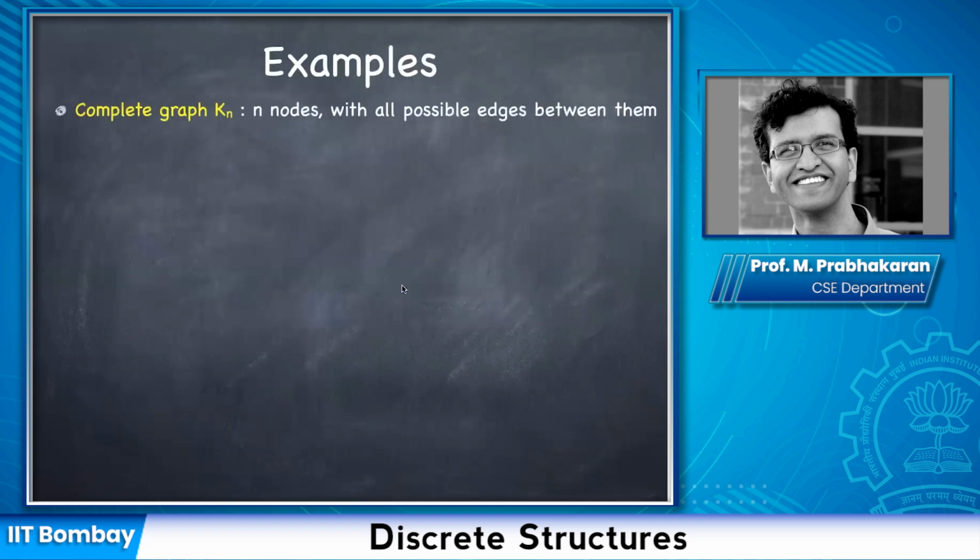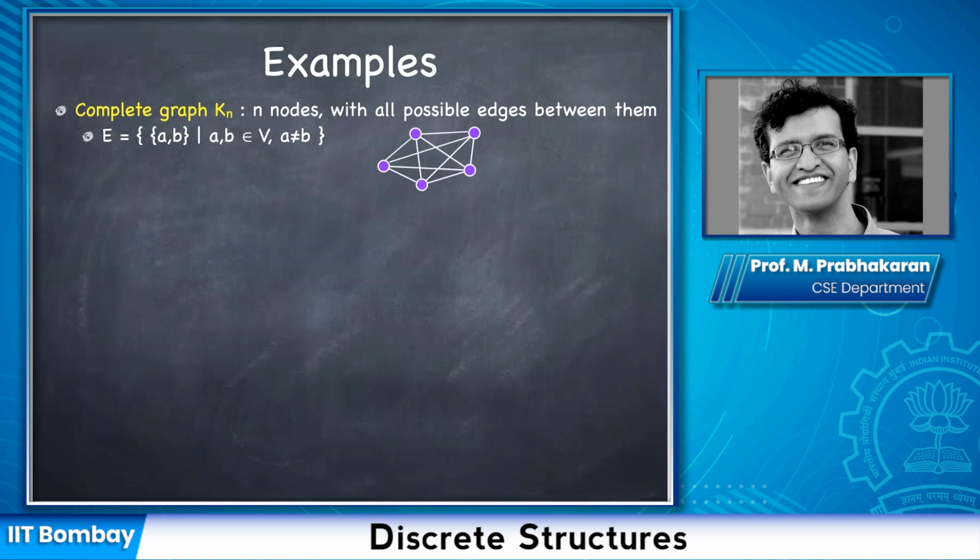Here are a few useful examples. These are graphs with special names. The first example is a complete graph, denoted by Kn. So there's a complete graph on n nodes. There are n nodes and all possible edges exist. Once you give me the set V, the set E is exactly this one set.